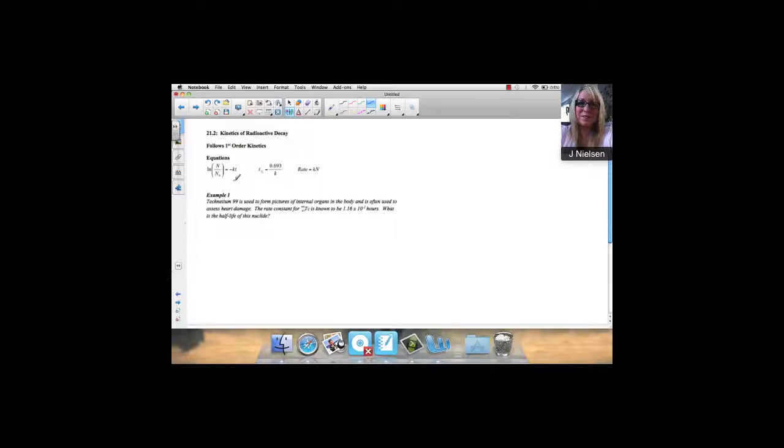So if you remember, N is the amount of radioactive particle, and your N0 is the initial amount of radioactive particle.